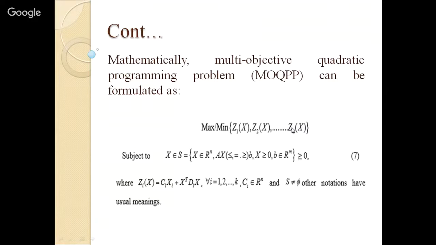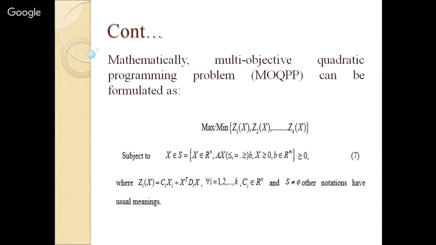Here you can see there are k number of objective functions, each and every objective function in this format. This is c_i x, the linear part, and this is the quadratic part. Even the quadratic part can be written as a product of two linear functions. At the same time, you can also write x1 square plus 2 x1 x2 plus x2 square as (x1 plus x2) whole square, or (x1 plus x2) multiplied by (x1 plus x2).